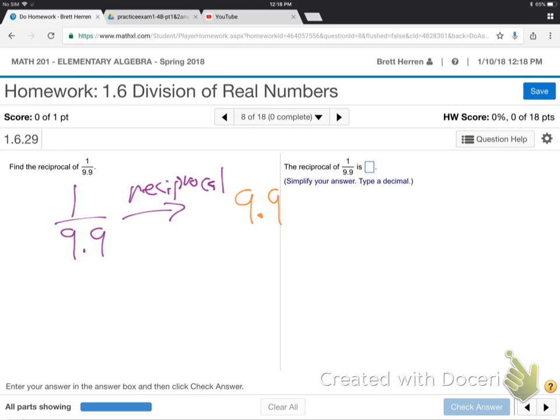But remember, anything alone is really over an invisible 1. So that 9.9 alone is really over an invisible 1, which means it's really upside down of the original. If we put the 1, it's wrong. I don't think they want you to write the 1. Right, look right there, type of decimal. They just want the 9.9. They don't want the over 1. Good point.